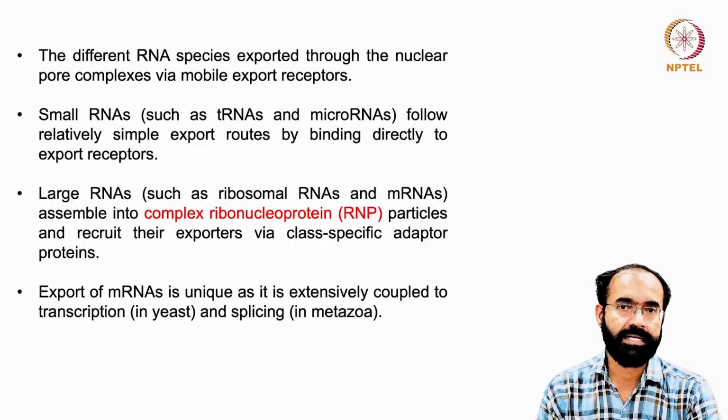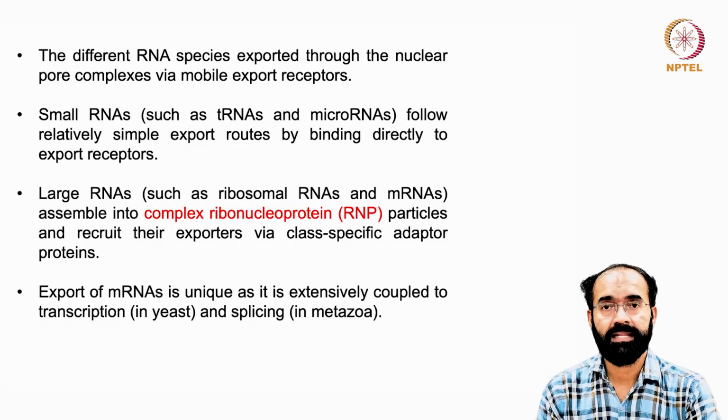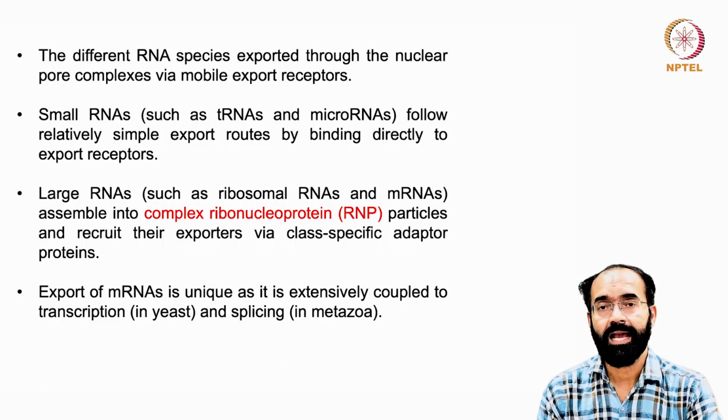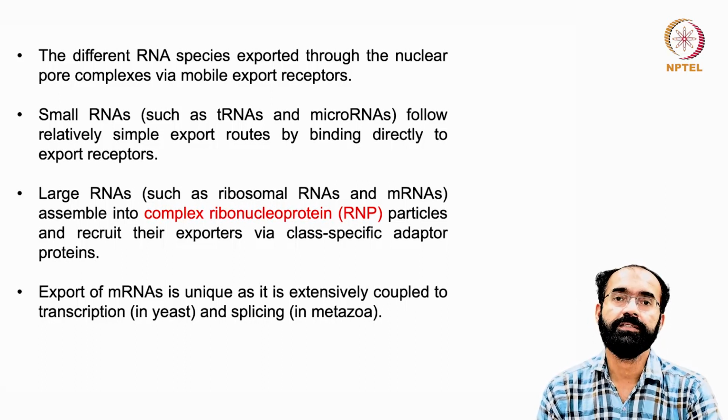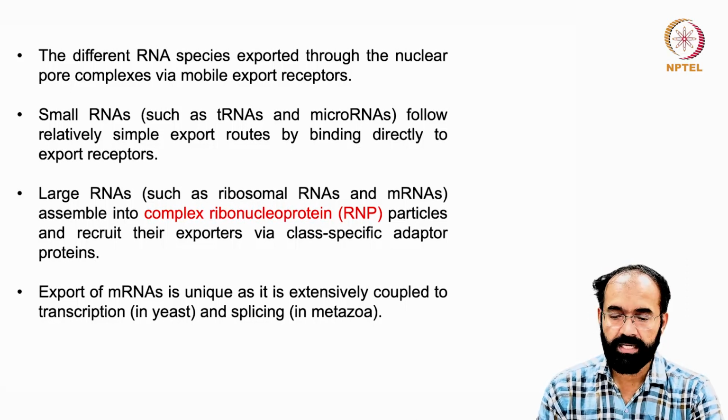We saw in detail that RAN GTP and RAN GDP have a gradient across the nucleus with a purpose: it helps in mobilizing various supportive proteins for the movement of RNA cargo in and out of the nucleus.